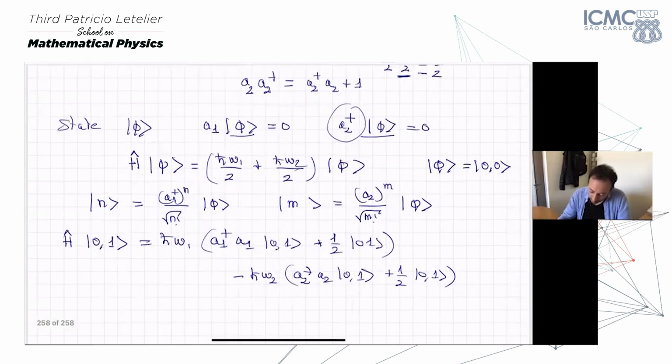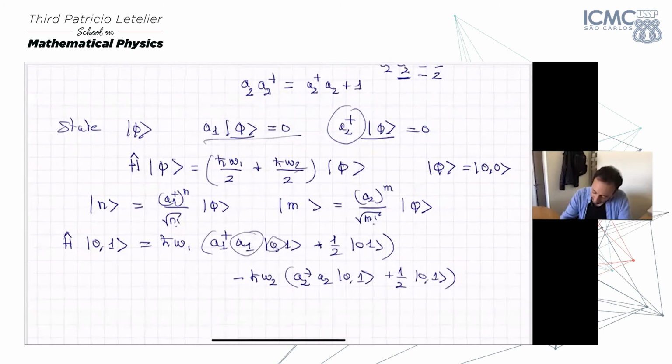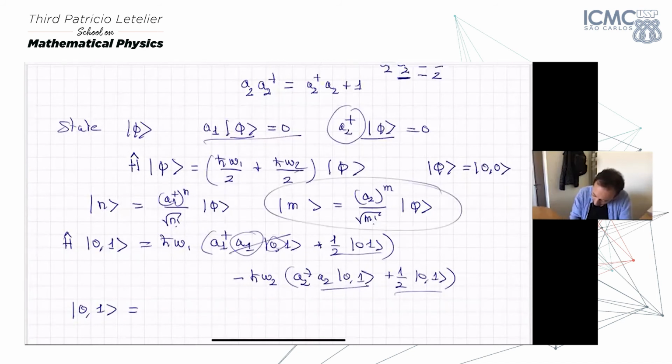Okay, so the first one, the A1, which acts on the 0, is 0. Well, it stays like that. And here, we know that the 0, 1 state, which is defined here, is equal to the A2 times the state 0, 0.